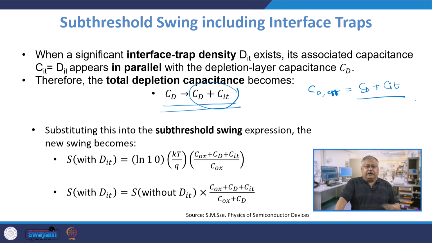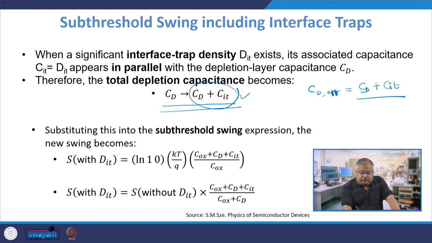Moreover, at this stage we will not go into details of that, but just keep in mind that Cit, the interface trap capacitance, is also a function of where you place the interface trap charges. If it is very close to the oxide layer, or very far away from the oxide layer interface, its effective value also changes. Keeping that apart, we just look into the value of Dit, and from there we find the value of Cit, which is related to the interface trap charge density.